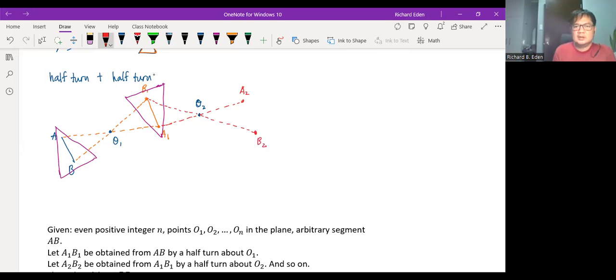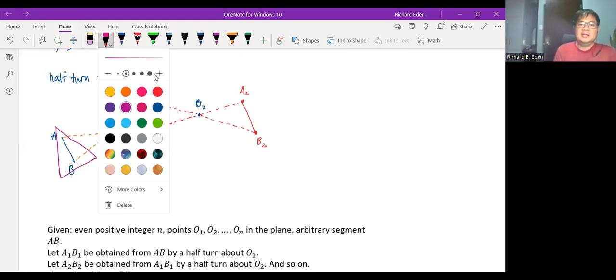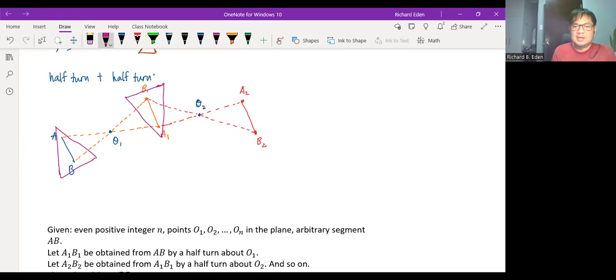Okay. So nung segments AB, A1, B1, A2, B2, they're all going to be parallel to each other. All right. But if you would look at A2 and B2, parang nagtama na ng orientation. All right. A2 is now what's higher compared to B2. So if you look at the purple triangle, mangyayari is it would now be oriented like so.